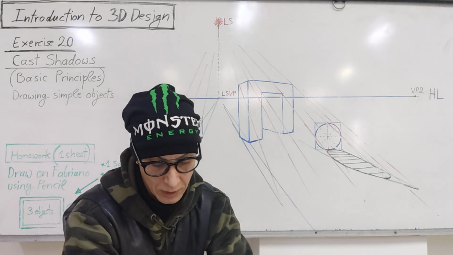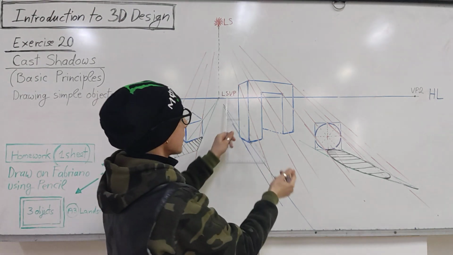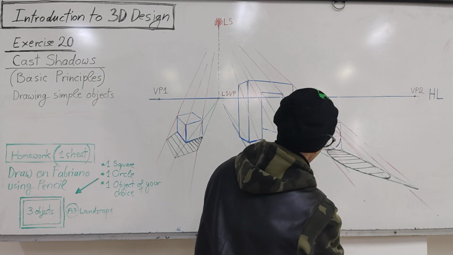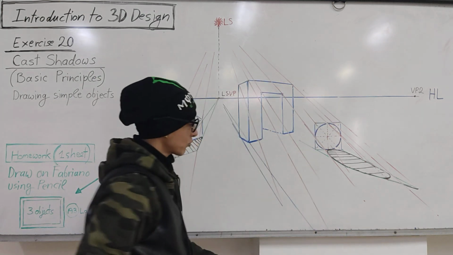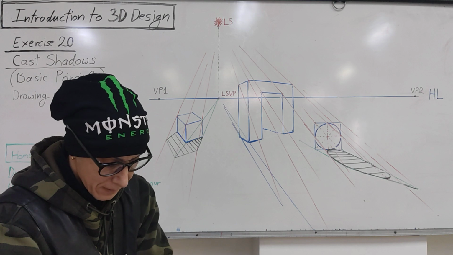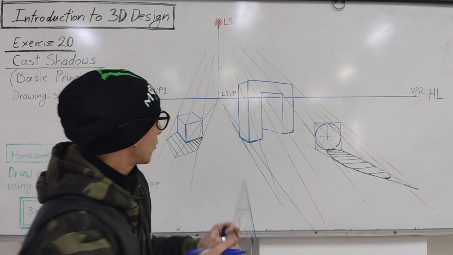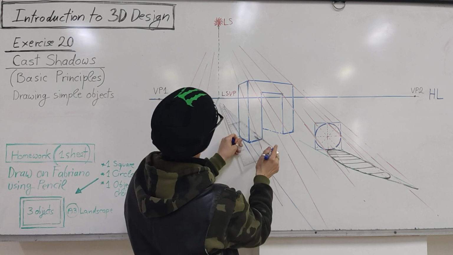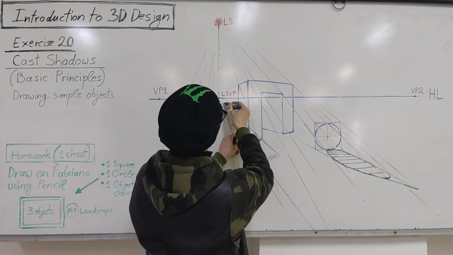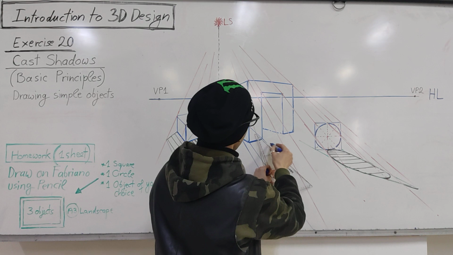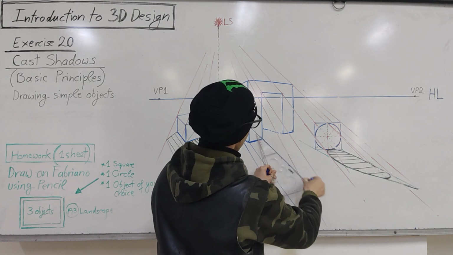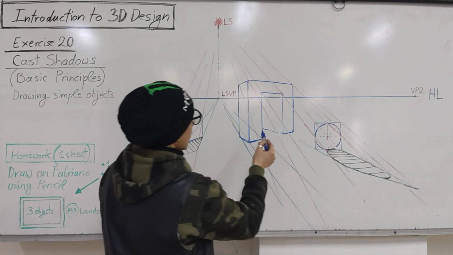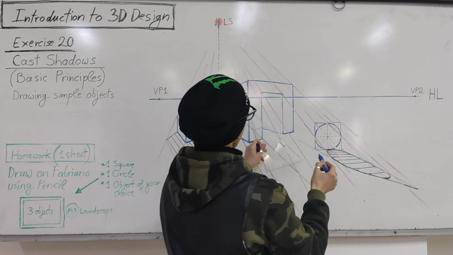Kind of long. Okay. Now the bigger your object, the longer your lines will be of the shadow, and will actually come out here of the paper. Okay. Now, this point, this point, this point also. And this point and this point. Okay.